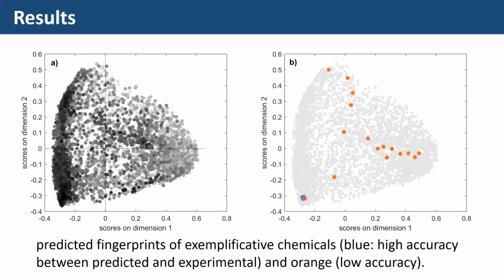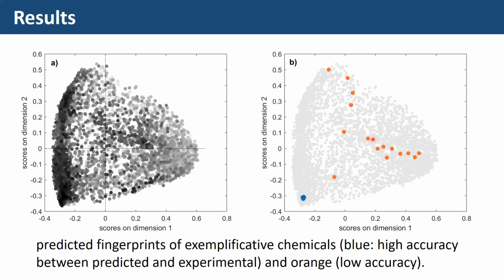If you remember, for the same chemical we could have different mass spectra. We got predictions of fingerprints which are very similar between them, which makes sense because they are associated with the same chemical, and they are very close, in this area where we have high accuracy of prediction.